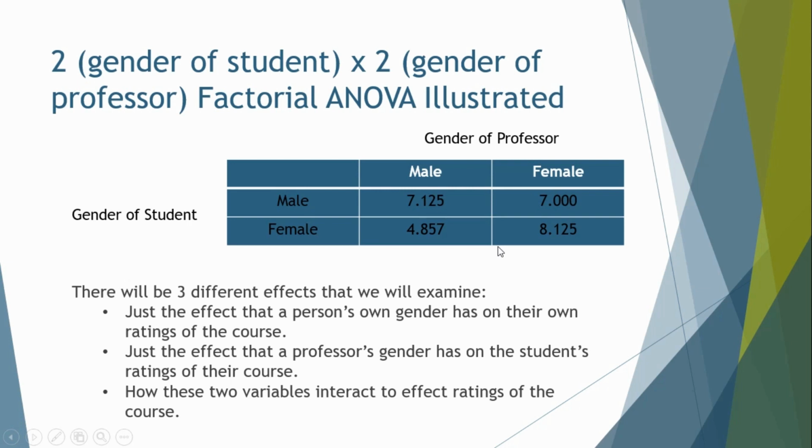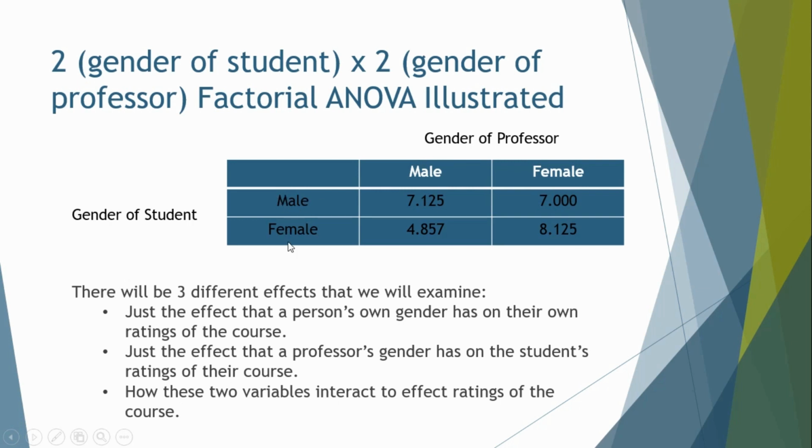Okay, so there will be 3 different effects that we'll be able to examine in this particular example. We'll be able to examine just the effect that the person's own gender has on their ratings of the course. So maybe overall, females tend to rate professors higher than male students do, regardless of what the gender of the professor is.